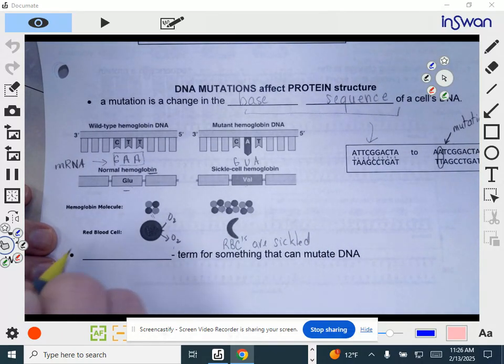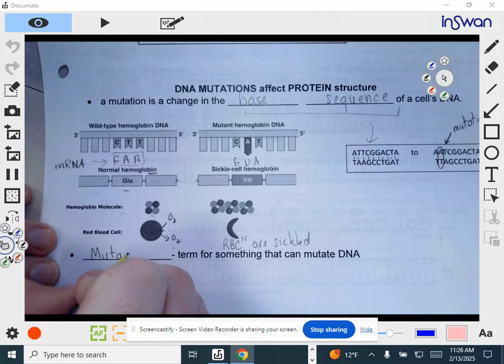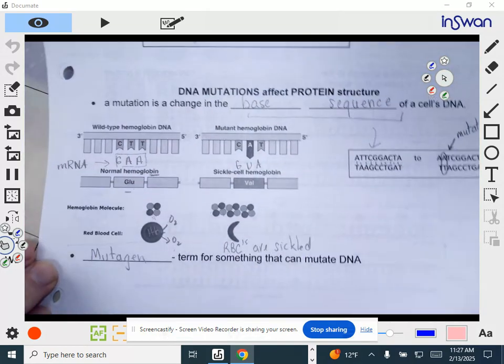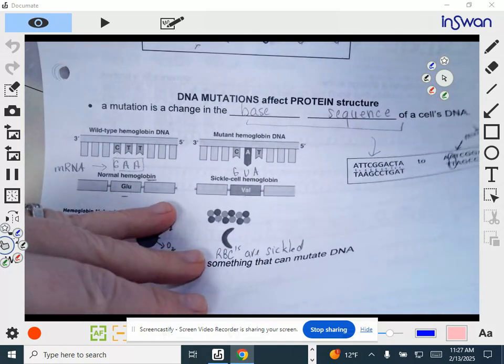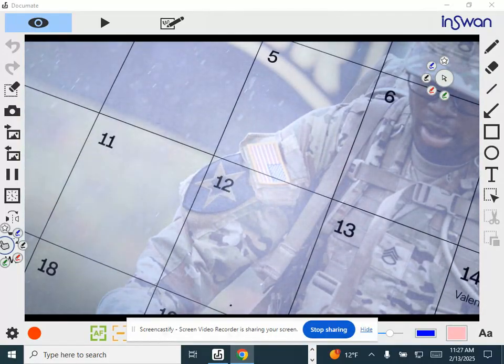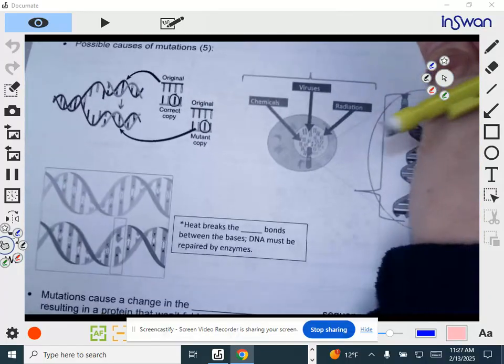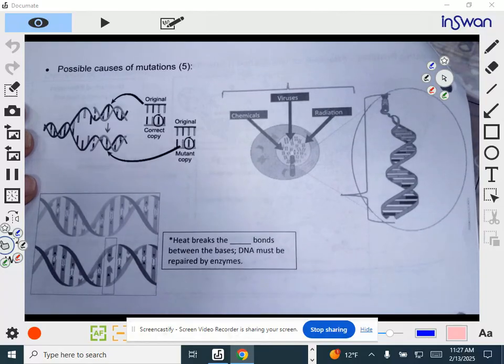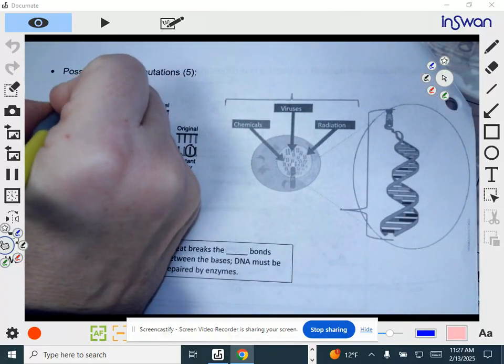Now remember, anything that can mutate DNA is called a mutagen. And I probably should have put this on the next page, because that's what the focus of this next page is: the things that are mutagens. We've already talked about it before. So when you look at this diagram right here, hopefully you can tell that this is DNA replication.